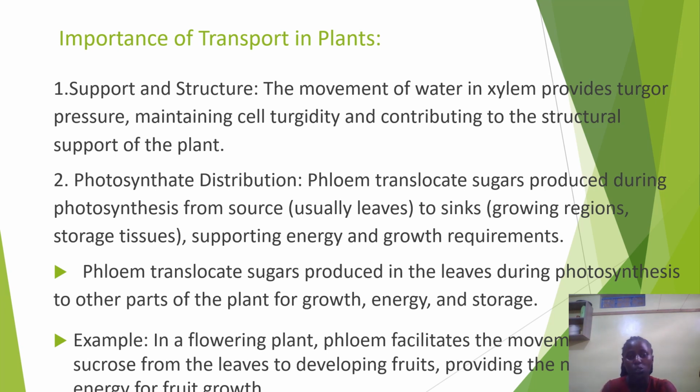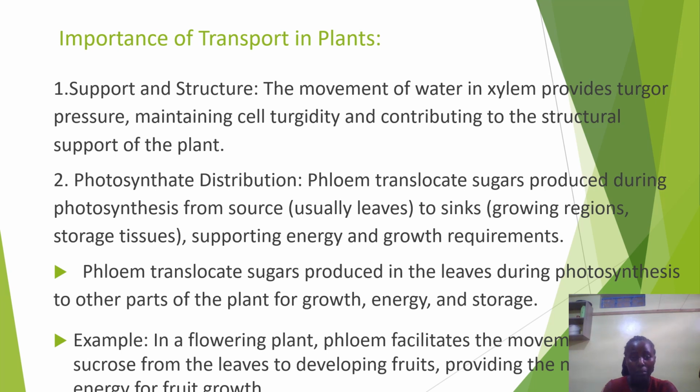Phloem translocates sugars produced in leaves during photosynthesis to other parts of the plant for growth, energy, and storage. Let me give you an example of phloem translocation and photosynthetic distribution.